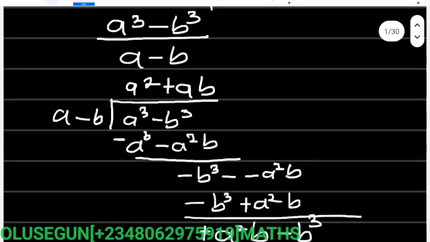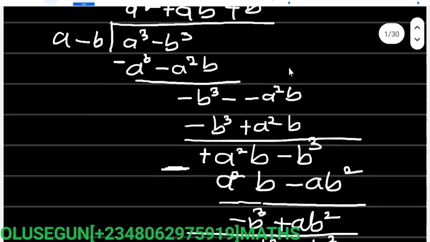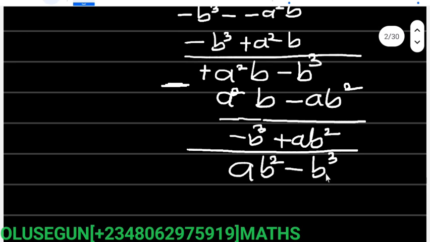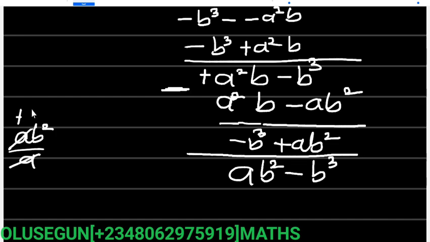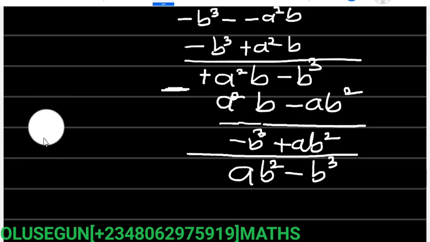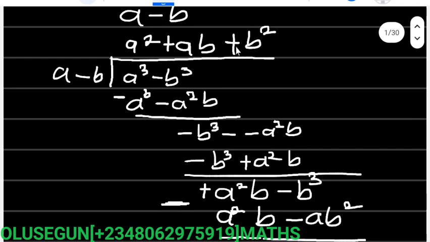So it will be plus b square. As I've said earlier, our answer here is ab square minus b cube. So by the time you use a to divide, ab square divided by a will cancel, it will remain plus b only. So that is what I'm just trying to explain. I've been able to write the plus b.